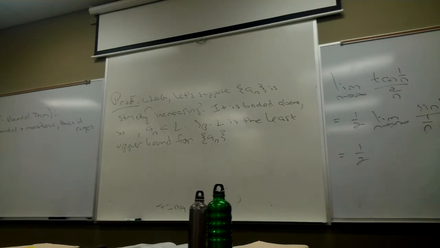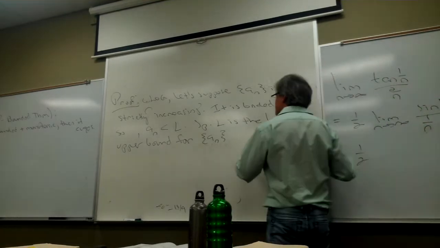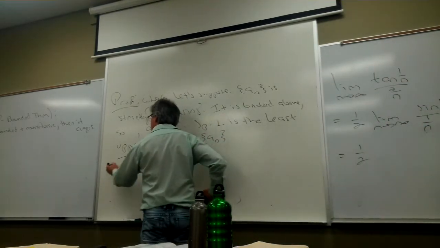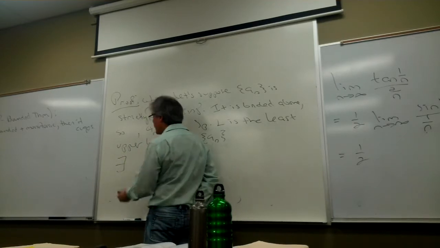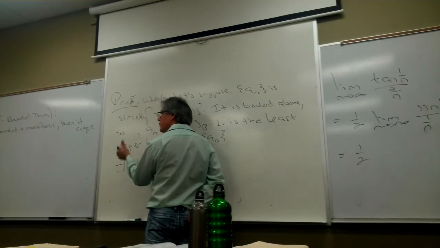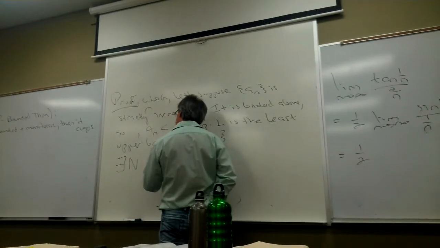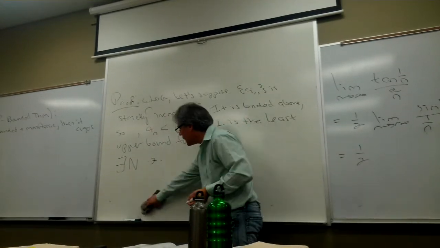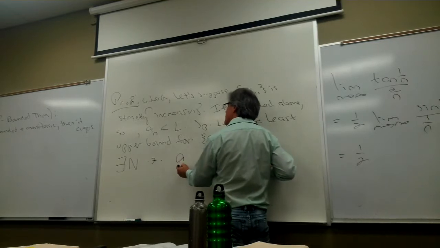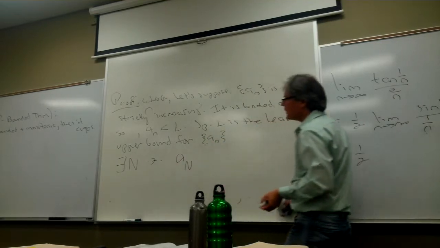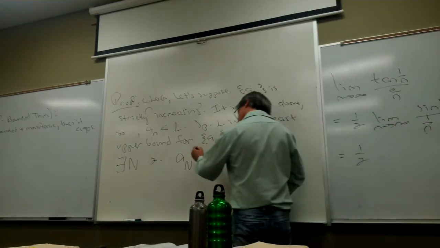But if L is the smallest upper bound, then I think there exists some number, call it big N. Going back to my definition, I can choose big N so that a sub big N is actually bigger than L minus epsilon.